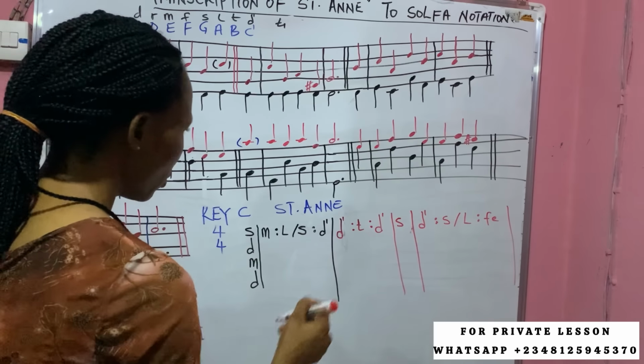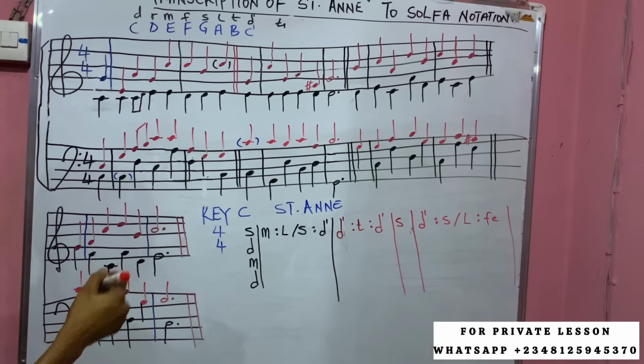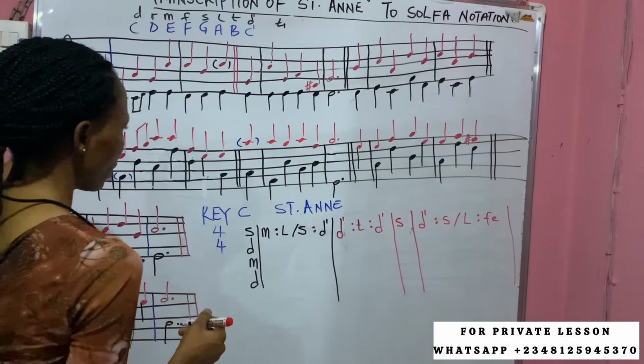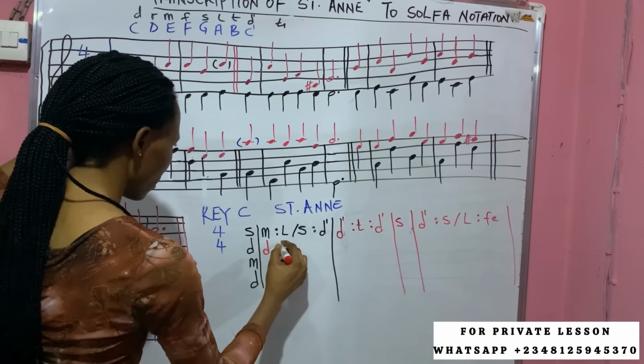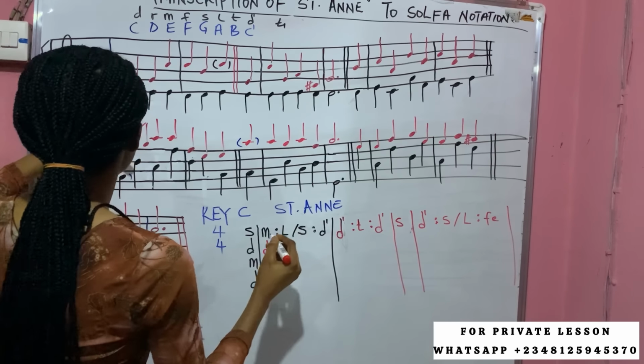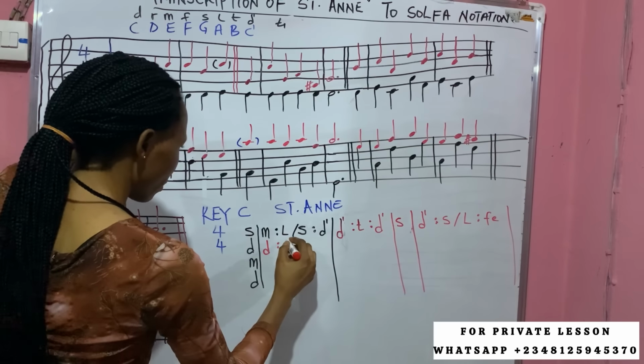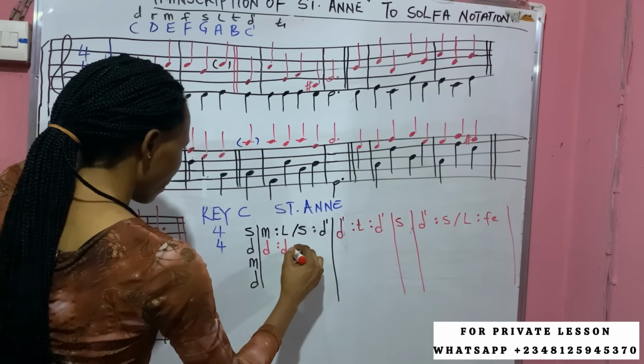Now let me put the other parts. Then we have here C is Do, and we have C and D, that's Do, Re, so that's half, right?